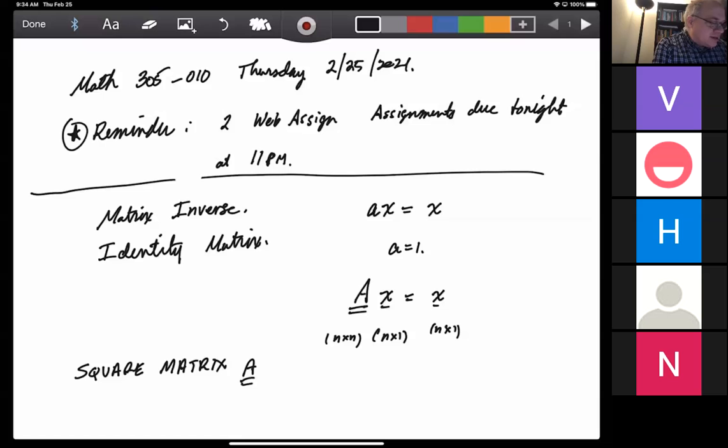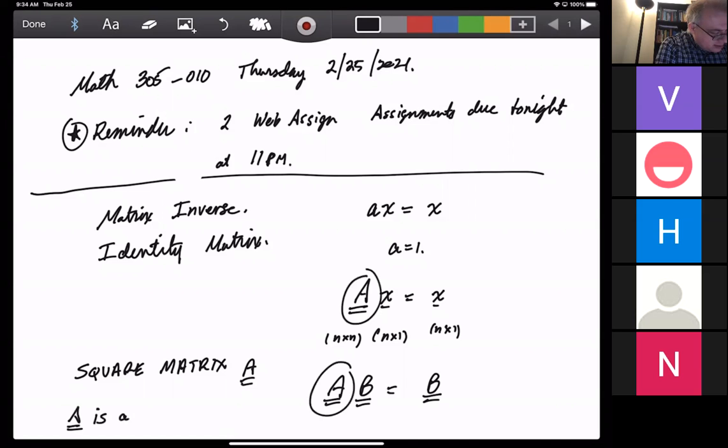I multiply the matrix by a vector, I get the same vector out. And the same thing might happen with a matrix-matrix product, right? You might have a matrix A times the matrix B gives you the matrix B. A is acting like the number 1.